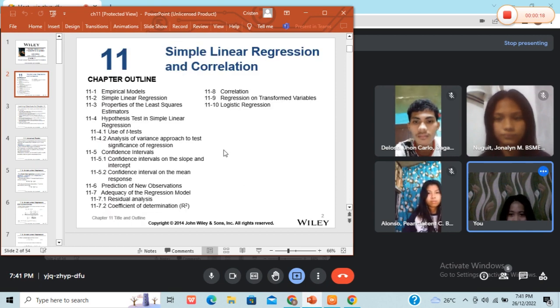This is our assigned topic: 11-1 Empirical Models, 11-2 Simple Linear Regression, 11-3 Properties of the Least Squares Estimators, and 11-4 Hypothesis Tests in Simple Linear Regression, which will be reported by Giancarlo Deloso, then 11-4.1 Use of t-tests, 11-4.2 Analysis of Variance Approach to Test Significance of Regression, 11-5 Confidence Intervals, and 11-5.1 Confidence Intervals on the Slope and Intercept, which will be discussed by Jonalyn Nugget.